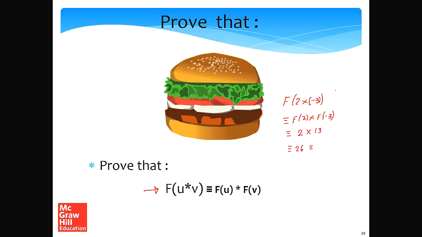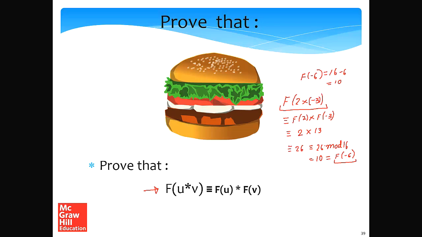So mod 16 means consider the 4 lower bits. So 26 mod 16 is essentially equal to 10, which is equal to f of minus 6. Why minus 6? Because f of minus 6 is equal to 16 minus 6, which is equal to 10. So this is exactly what we had set out to prove, that f of 2 times minus 3 is f of minus 6. And lo and behold, we have a proof over here.